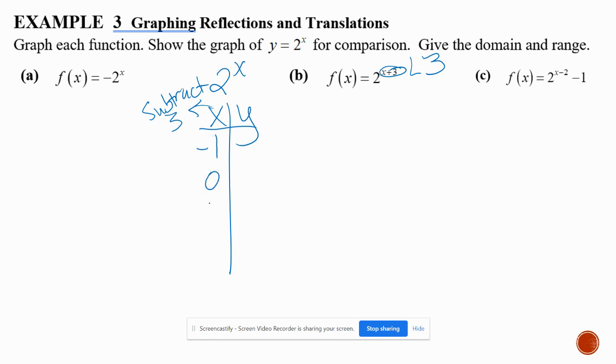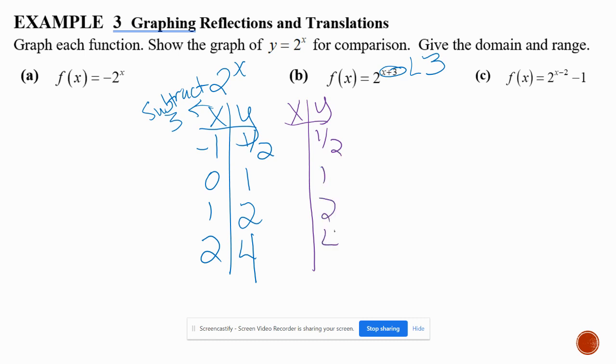If I start here, 2 to the negative first is a half. 2 to the 0 is 1. 2 to the first is 2. 2 squared is 4. I subtract 3 from every single one of those x values. I'm not changing these y ones, but negative 1 minus 3 is negative 4, negative 3, negative 2, negative 1.